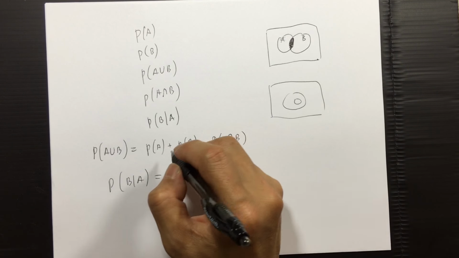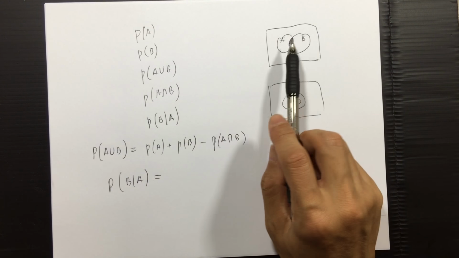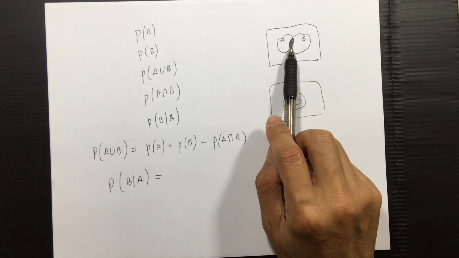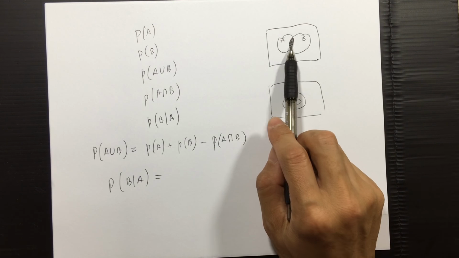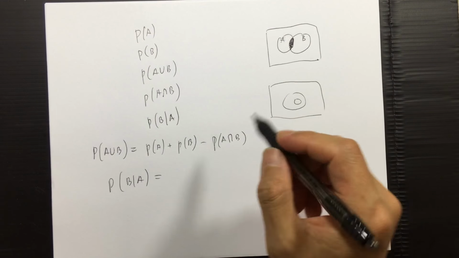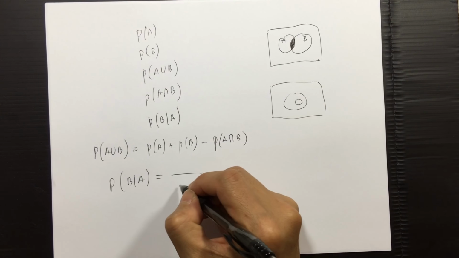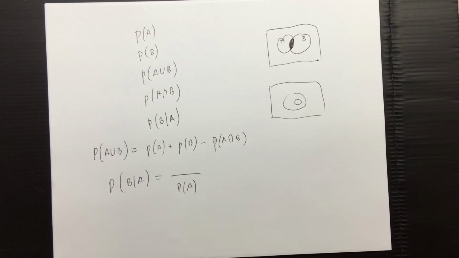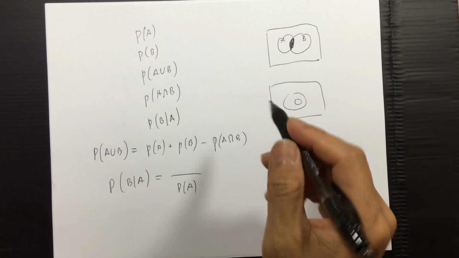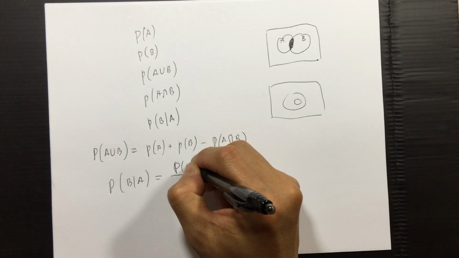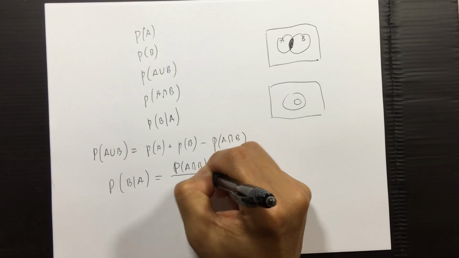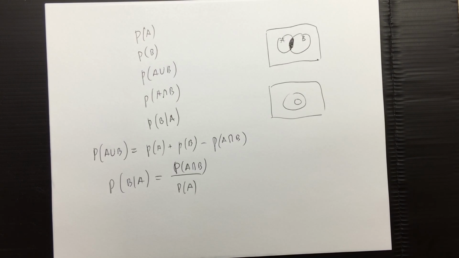Let's look at this. If A already happened, B happened. A already happened, that's A. And B happened is just that shape.